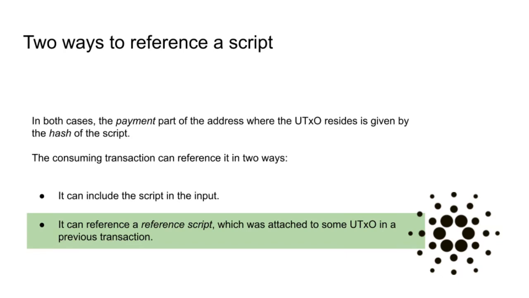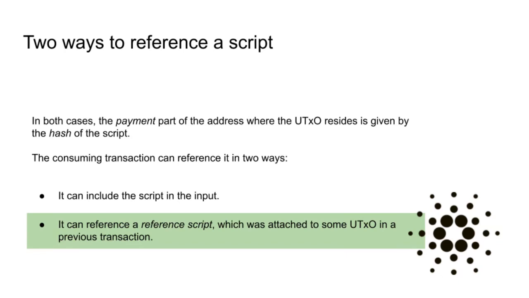And once that UTXO is on the blockchain, other transactions in the future, when they want to unlock a UTXO locked by this script, can reference the script. So instead of including the script in the transaction, they can just say, I want to use the script sitting at that UTXO, which makes such consuming transactions much smaller and avoids the redundancy of repeating the same script over and over again.